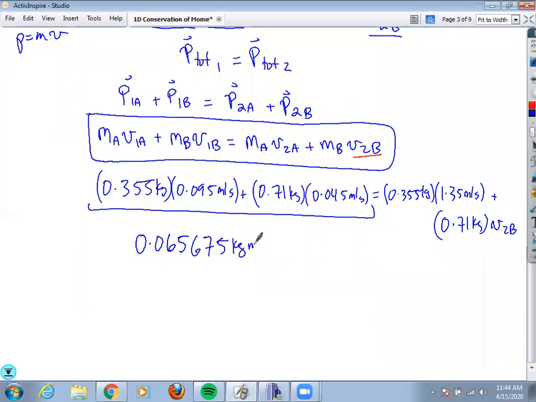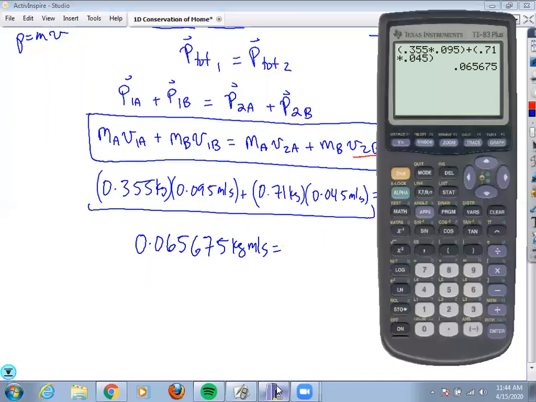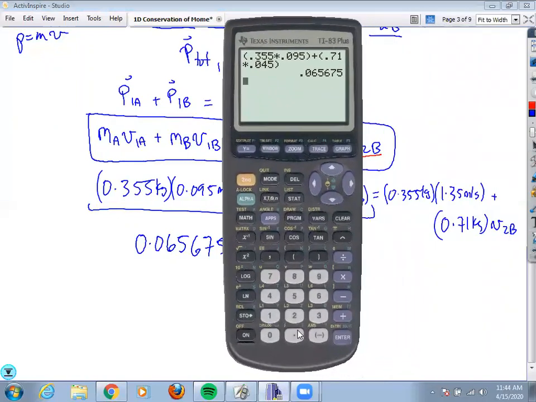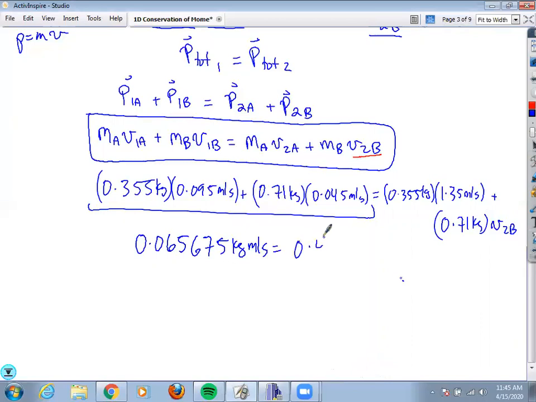0.065675 kilogram meters per second equals, we'll figure out that number, which is 0.355 times 1.35, 0.47925 kilogram meters per second plus 0.71 times v2B. So we have to subtract the 0.47925 to the left side.